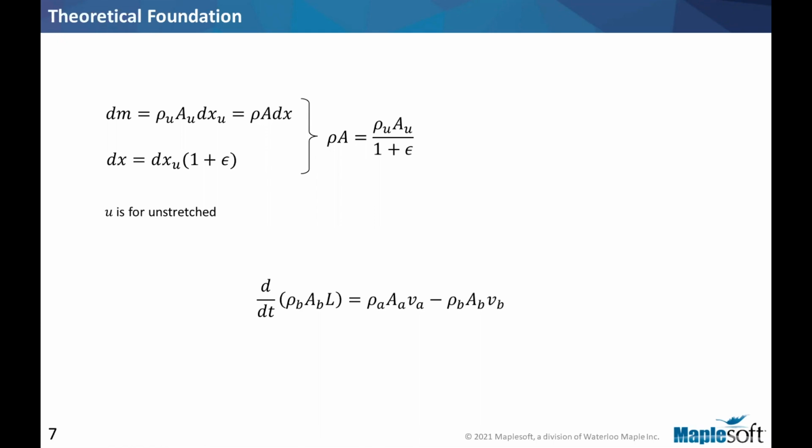Now we can write this equation for side A and side B. So we have rho B, A B, and rho A, A A. If we put it in the equations that we just simplified, we get everything based on undeformed states, and those are constant.